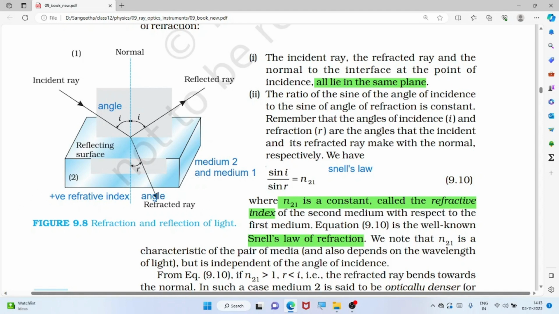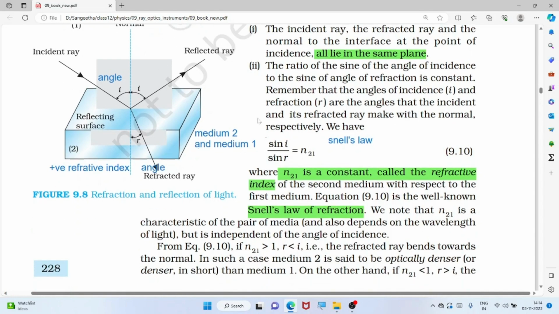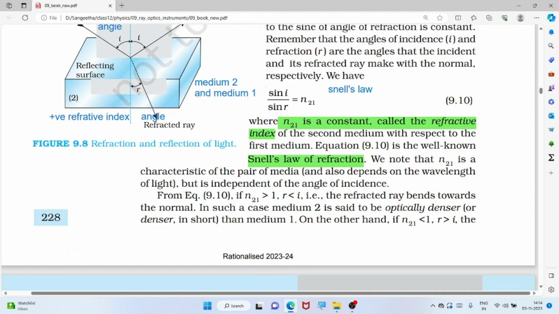Going from a rarer to a denser medium, the ray moves towards the normal. Snell's law: sine of the incident angle divided by sine of the refracted angle.